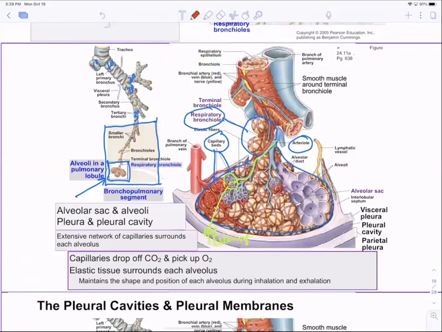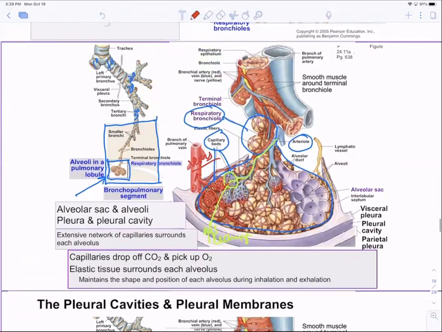And so the pulmonary veins have new oxygen in it, right? And so pulmonary veins are going to be red, pulmonary arteries are going to be blue because the whole point is getting new oxygen attached to those hemoglobin molecules and getting rid of the carbon dioxide.